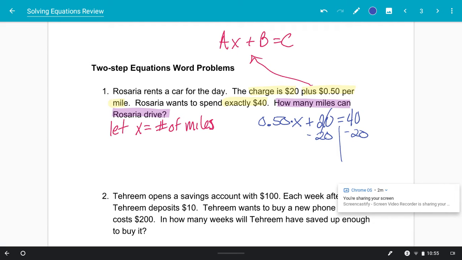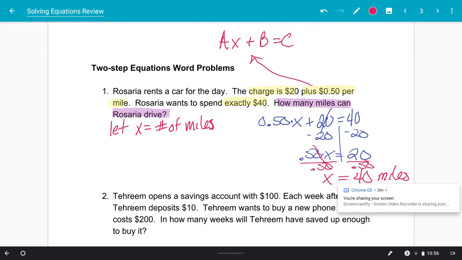So that's going to cancel out, positive 20 minus 20, leaving us with the 0.50x, 40 minus 20, giving us 20. All right, so in our next step, in order to undo that multiplication here, we're going to divide both sides by the 0.50. And so that will cancel out, leaving us with just x all by itself. 20 divided by 0.50 is going to give us 40, and we're talking about what? x is the number of miles, 40 miles.